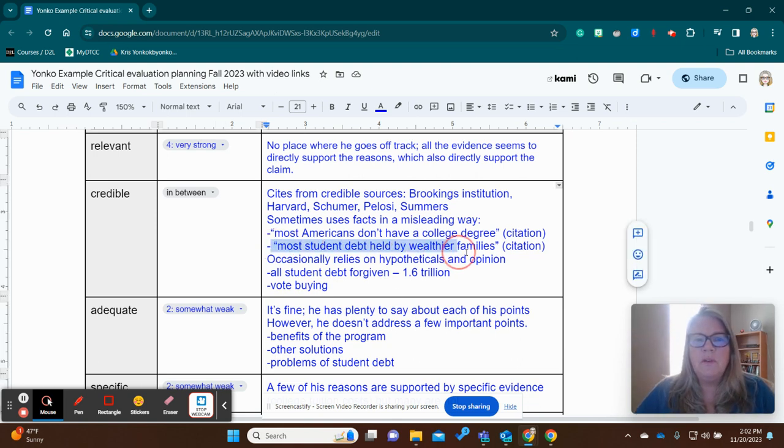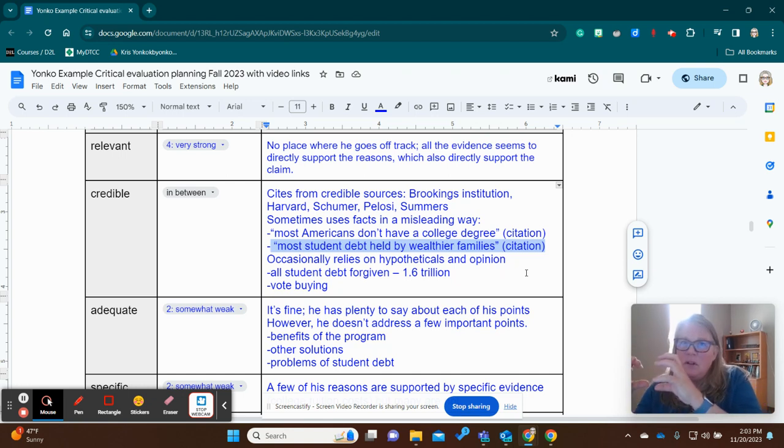This part where most student debt is held by wealthier families, that also is true, but he presents it, again, in a misleading way. He's only giving kind of part of the truth. And the other side of it, which some people found in the Dynarski article, is that, yes, most of the debt is held by wealthier people, but they can actually handle it. Most of the people who are struggling with debt are in lower income.